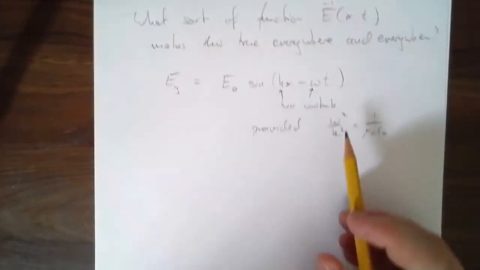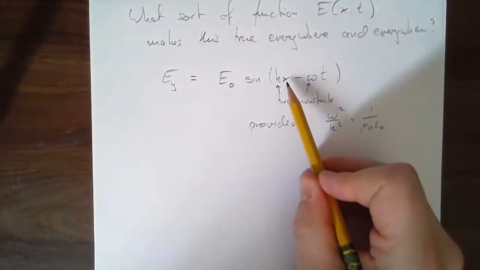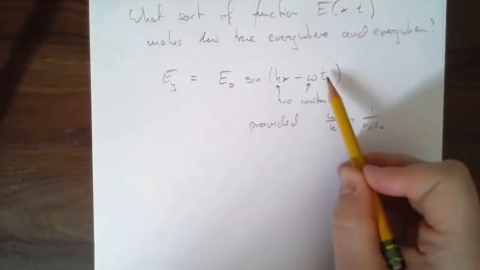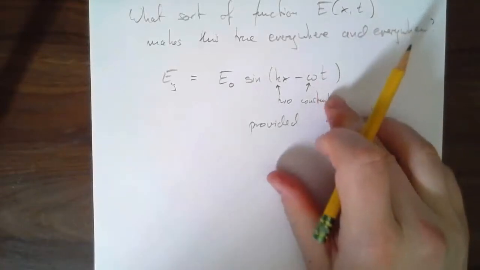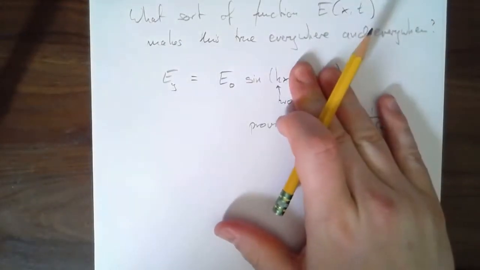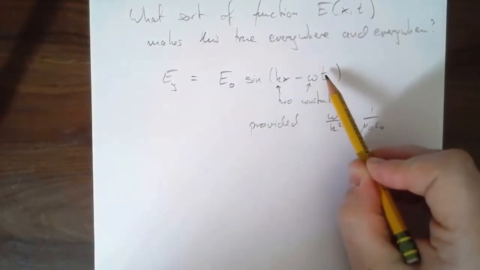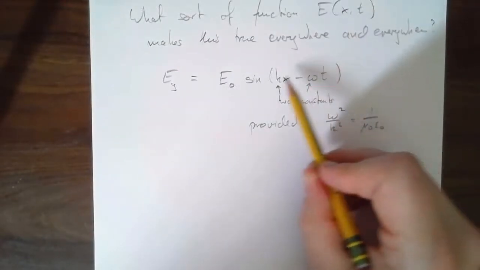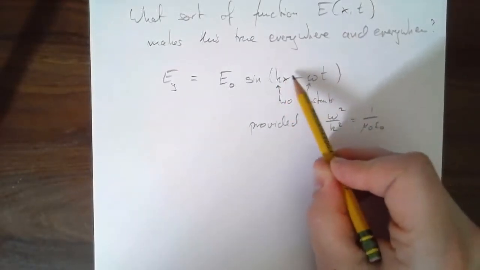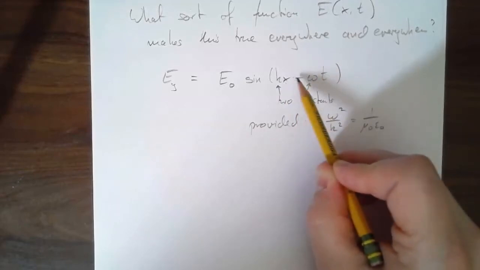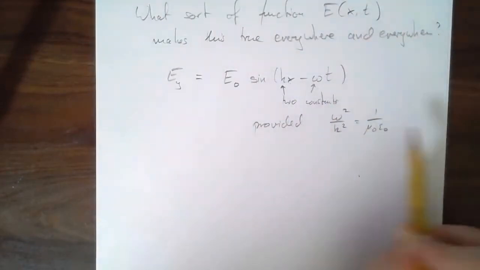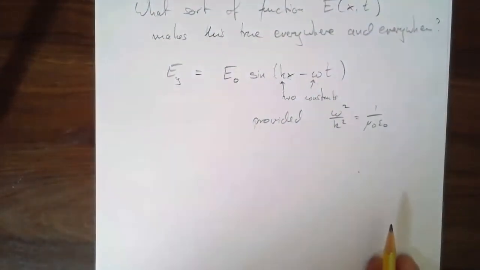So what does this look like? Well, it has two variables, so I can't really draw it, but imagine I fix time. I say at time equals 0, it's a sine function. Now, if I change my time, what does it do? If you add or subtract a constant inside the sine function, it's going to shift the function left and right.